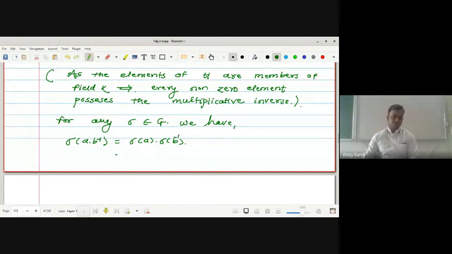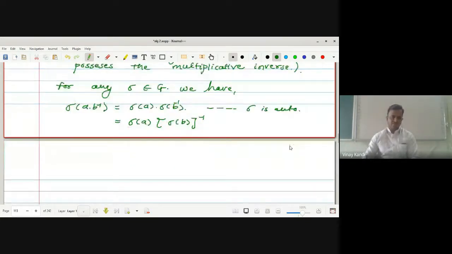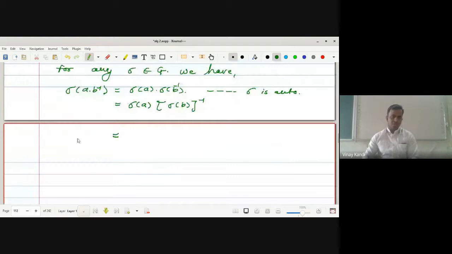But by the remark, we get sigma of B bracket inverse, since sigma is automorphism, which is equal to sigma of A B inverse. Sigma of A is A, sigma of B is B. Now this one is inverse.